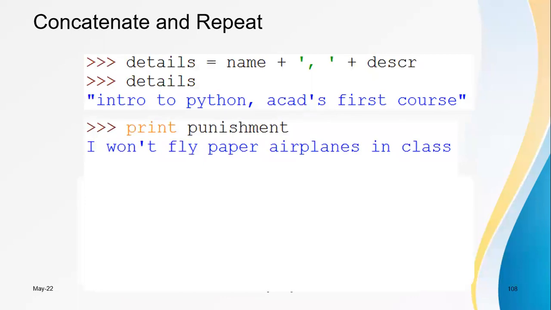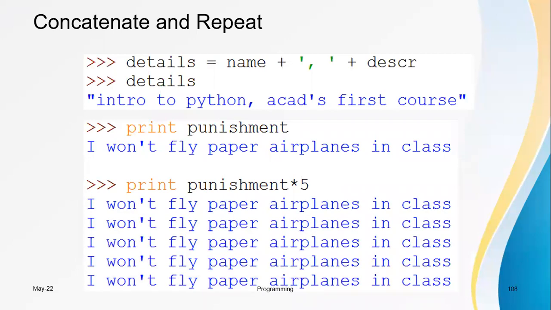Now, print punishment: I won't fly paper airplanes in class. I want to give punishment for 5 people. What will happen? 5 persons will write, I won't fly paper airplanes. So simply, to give 5 times, just multiply with 5.